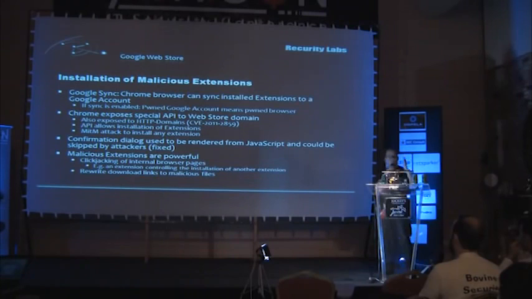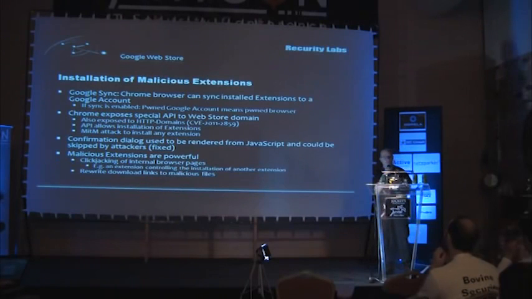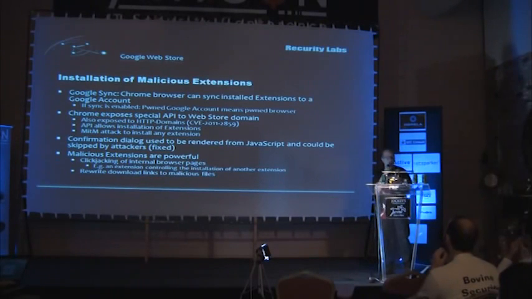How can you install malicious extensions in browsers? Well, obviously if you get control over the Google account, you can use Google Sync and just add the malicious extension to it. Google also exposes in Chrome special APIs to the web store.